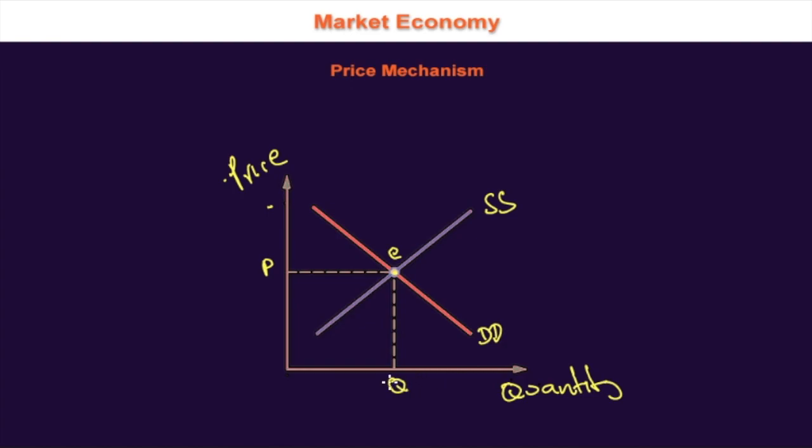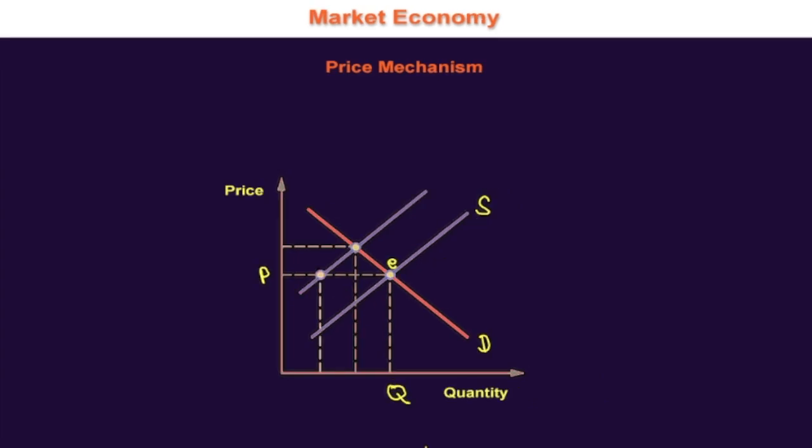Now we will look at the functions of price mechanism through an example where the supply is having a shock. So what happens to the market and how is the price mechanism going to adjust itself? When the market experiences a supply shock, this was the supply at equilibrium.